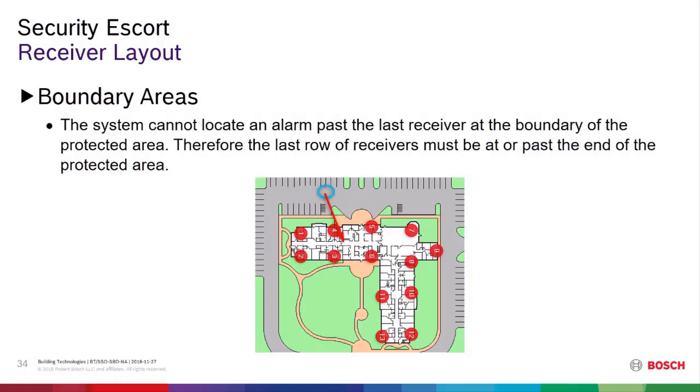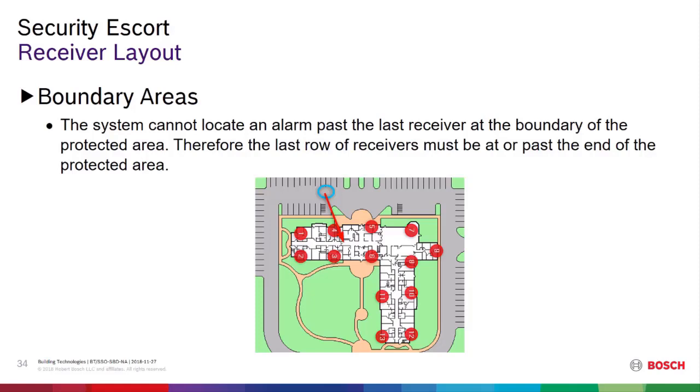Security Escort receiver layout, boundary areas. The Security Escort alarm cannot track or locate the alarm past the last row of receivers.